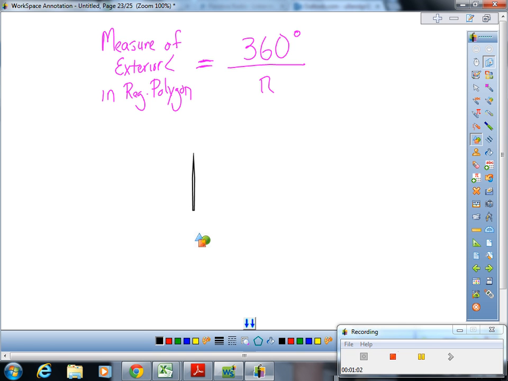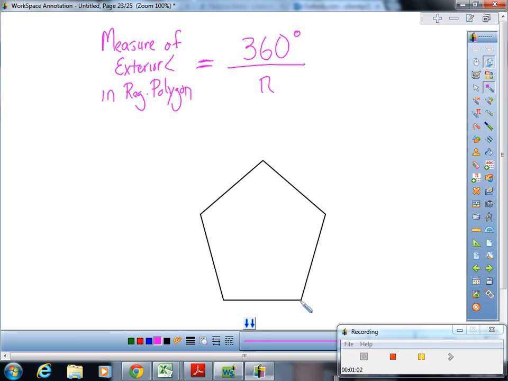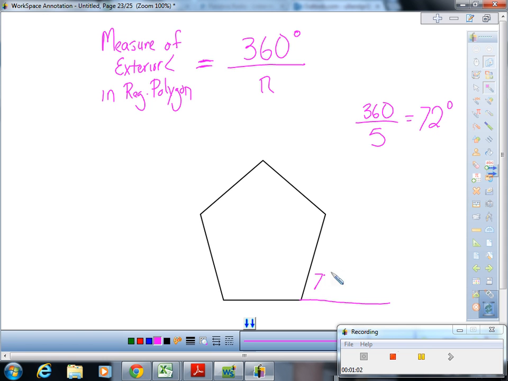So in the case of our pentagon, 360 divided by 5 is 72 degrees. And that means the measure of each exterior angle is 72 degrees. I'll just stop at that. Okay? Now, remember that because we'll come back and we'll find it a different way later.